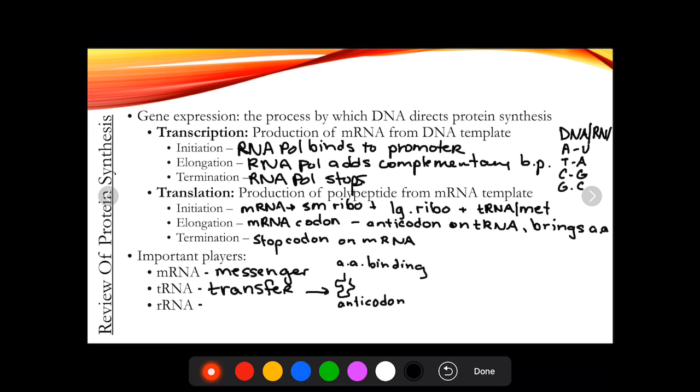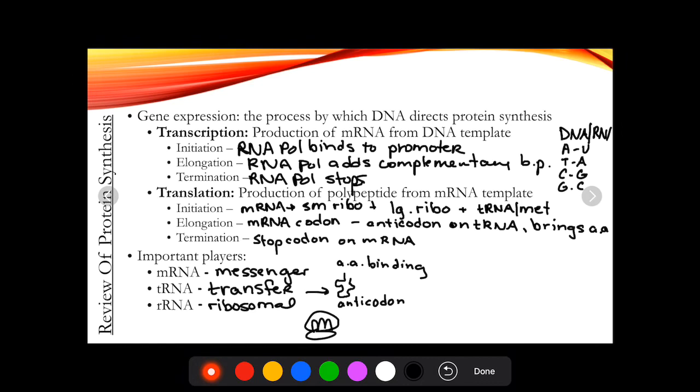When we get to the rRNA, R stands for ribosomal, and the 2 parts there are small and large. Clarification here, the ribosome is made out of 2 things, rRNA and proteins, okay? But the rRNA is ribosomal RNA. It just has to work with proteins.